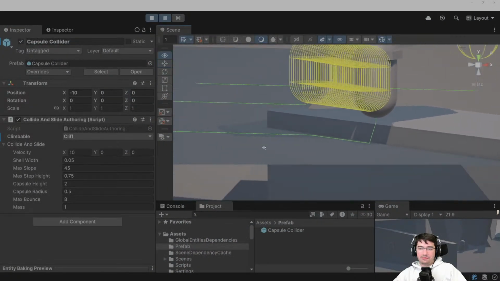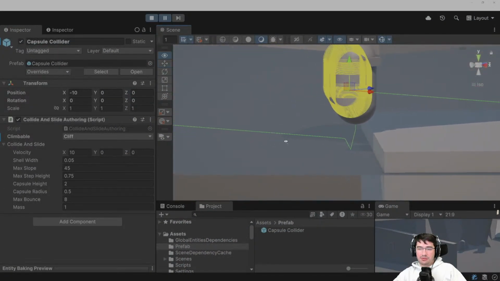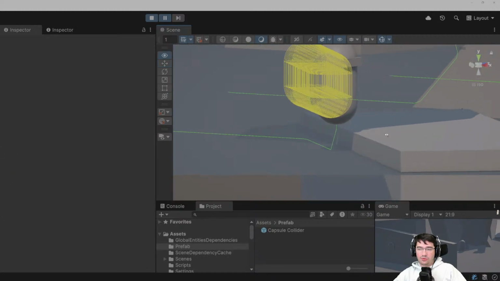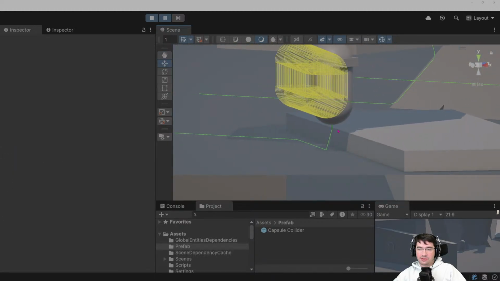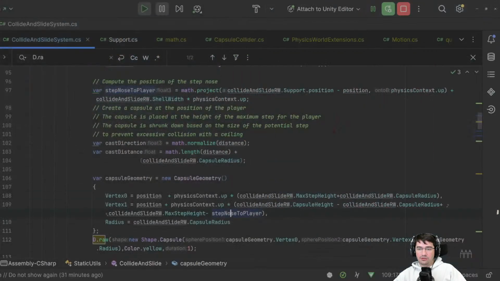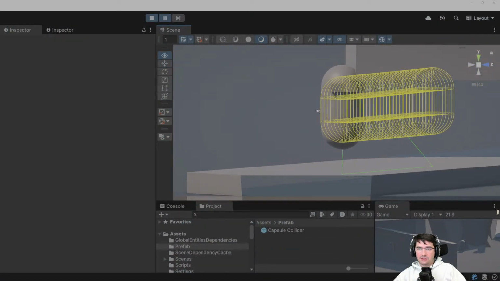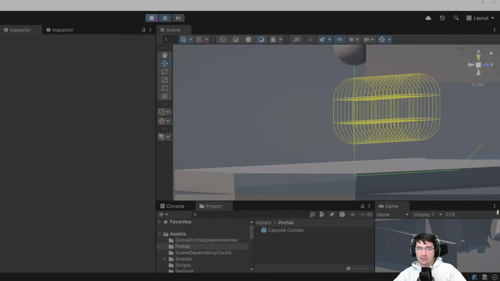Basically, when I'm stepping at this position, it would make sense to include the shell, because I don't want to be on the ground, I do want to be a little above the ground, which would be correct. But in that case, I'm still colliding.